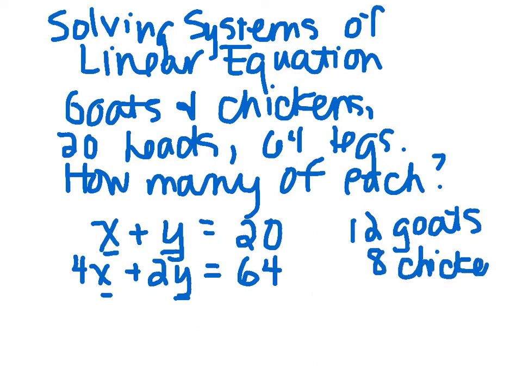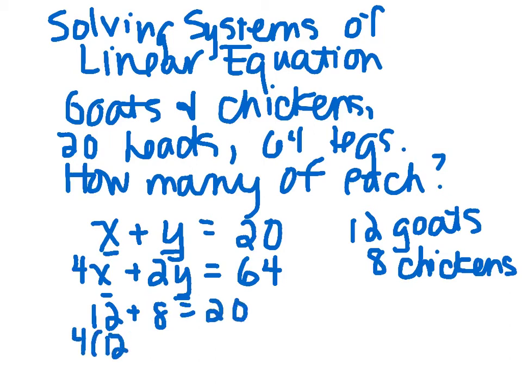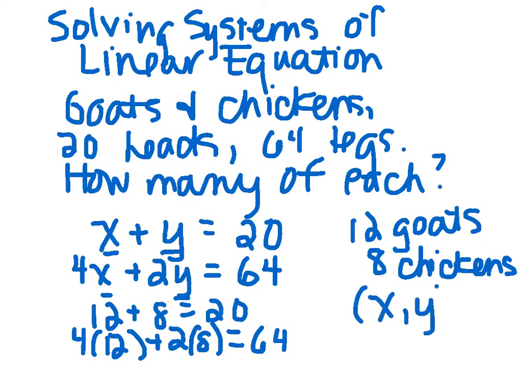And the reason why that's a solution to the system is because it makes both of these equations true. 12 plus 8 does equal 20, and 4 times 12 is 48, plus 2 times 8, 16, equals 64. So the solution to a system of equations is the x and the y that make both or all equations work, works for all equations in the system.